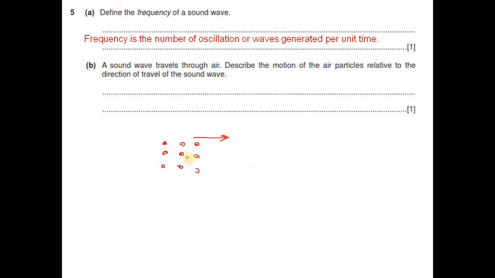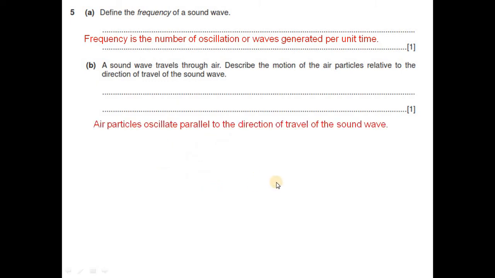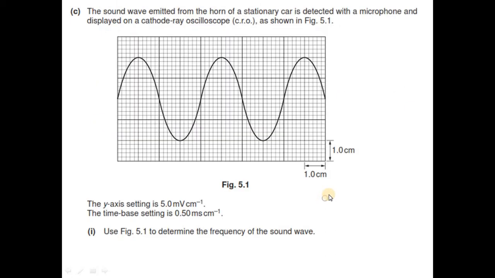Then every particle of the medium oscillates parallel to the direction of motion of the wave. So the oscillation of particles is also parallel to the direction of travel. You can write that the air particles oscillate parallel to the direction of travel.